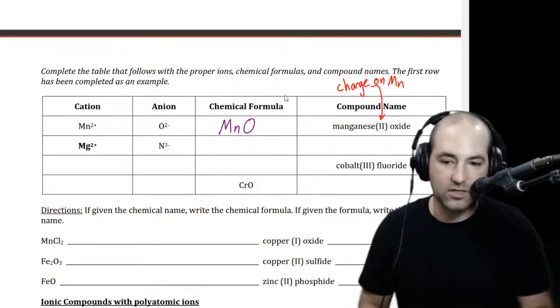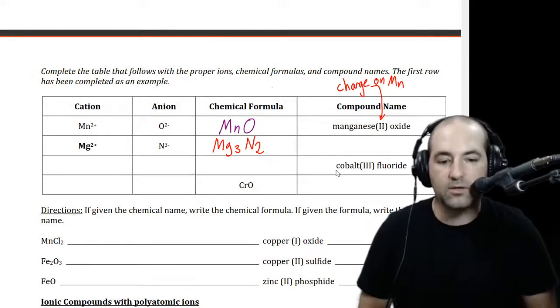All right, let's look at the next one. We've got magnesium and nitride, so a 2+ and a 3-, so we can do the crisscross thing if you want to think about it that way. And that gives us Mg3N2. So how would we name this one?